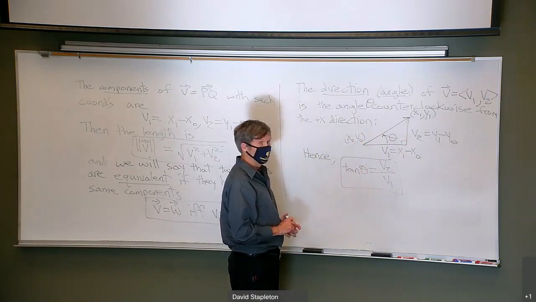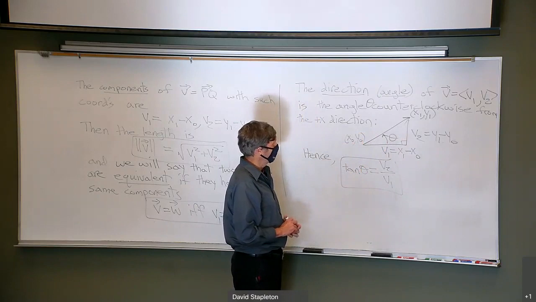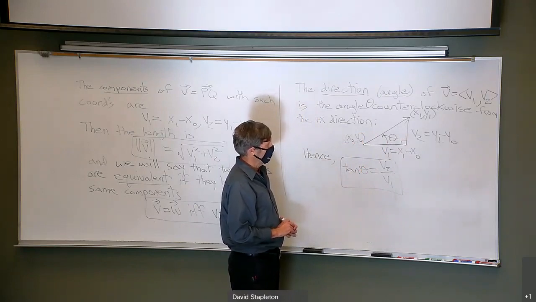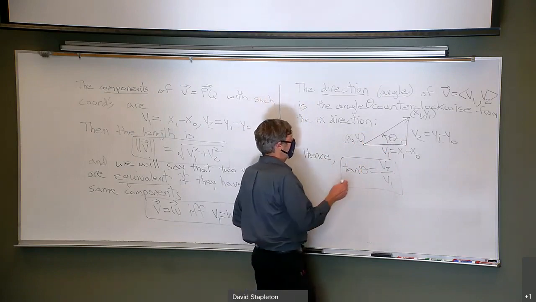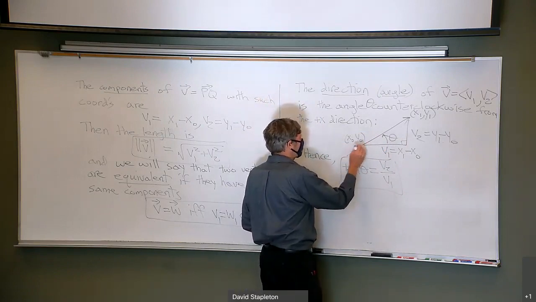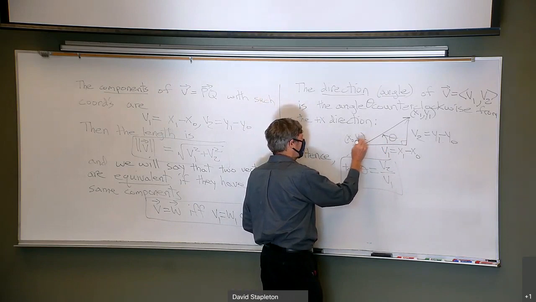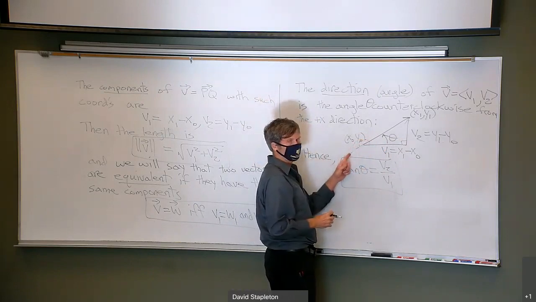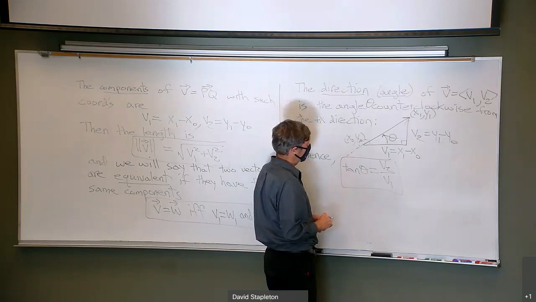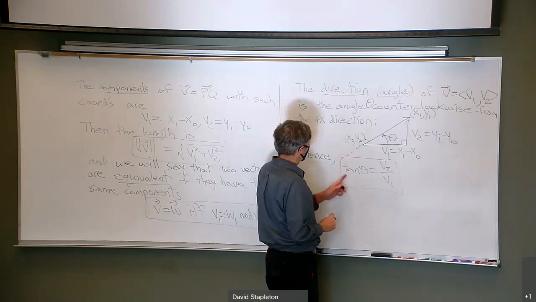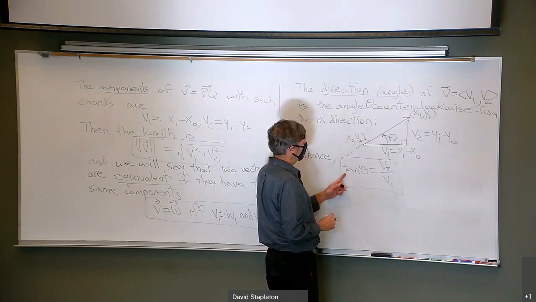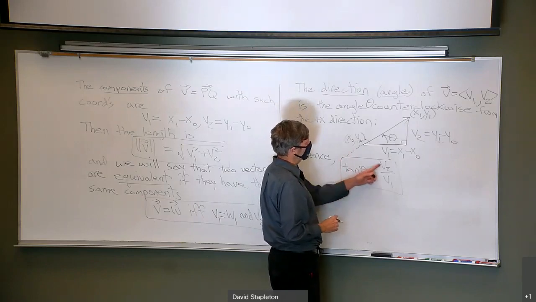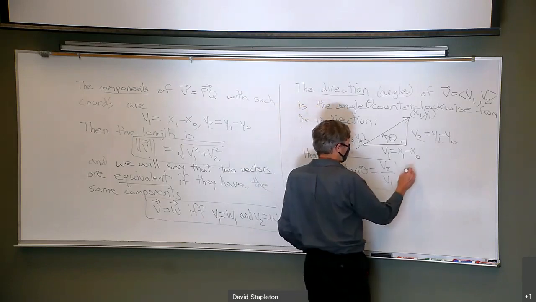However, maybe you remember that there are two directions that have the same tangent, right? Remember, if I take a vector in this direction, this angle clear out here has the same tangent as this one. Angles directly opposite have the same tangent. So we'll find the direction angle by saying tangent theta equals v2 over v1 in the correct quadrant.